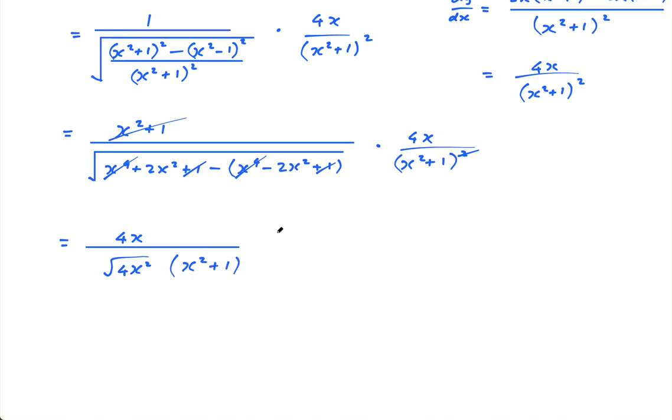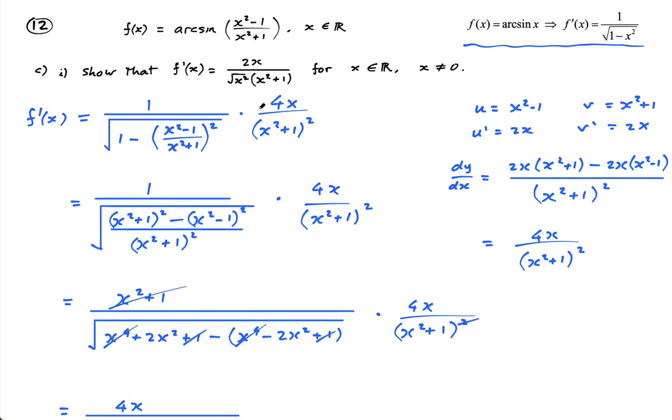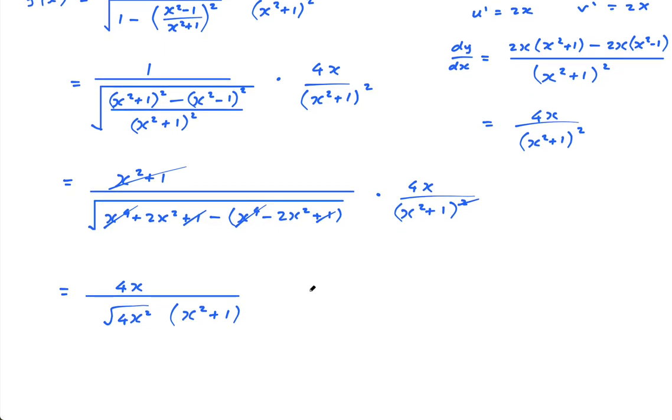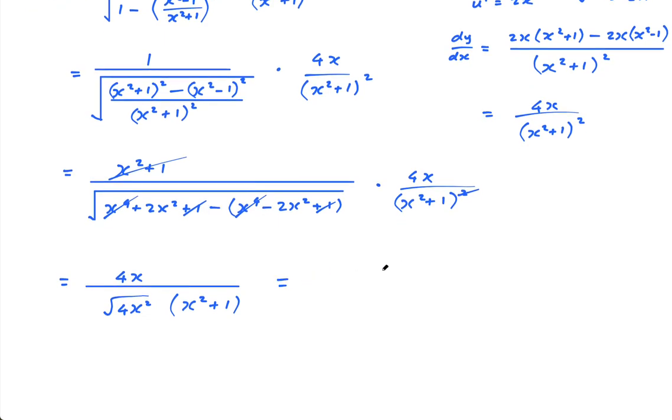Now this is very nearly what he wants. So he wants, what does he want? He wants the square root of x squared plus 1, and he wants a 2 on the top, but I'm going to get that because this is just 4x over 2 times the square root of x squared times x squared plus 1, because the square root of 4 is 2, so I can take it out of the square root.